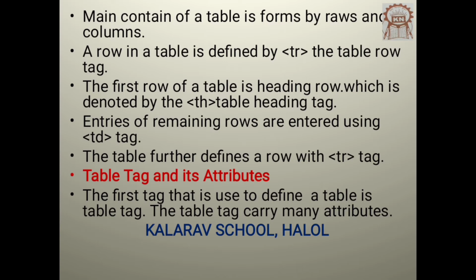Main content of a table is formed by rows and columns. A row in a table is defined by the table row tag, table tag, and its attributes. The first tag that is used to define a table is the table tag.